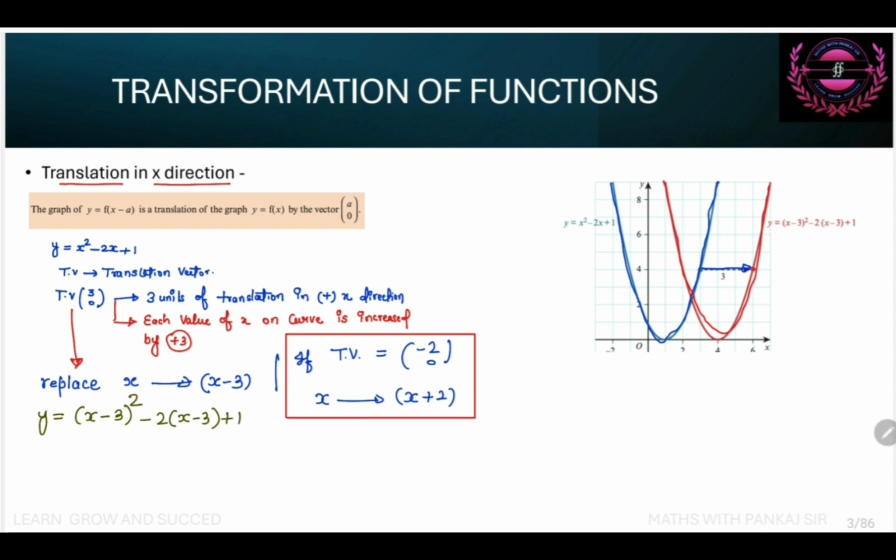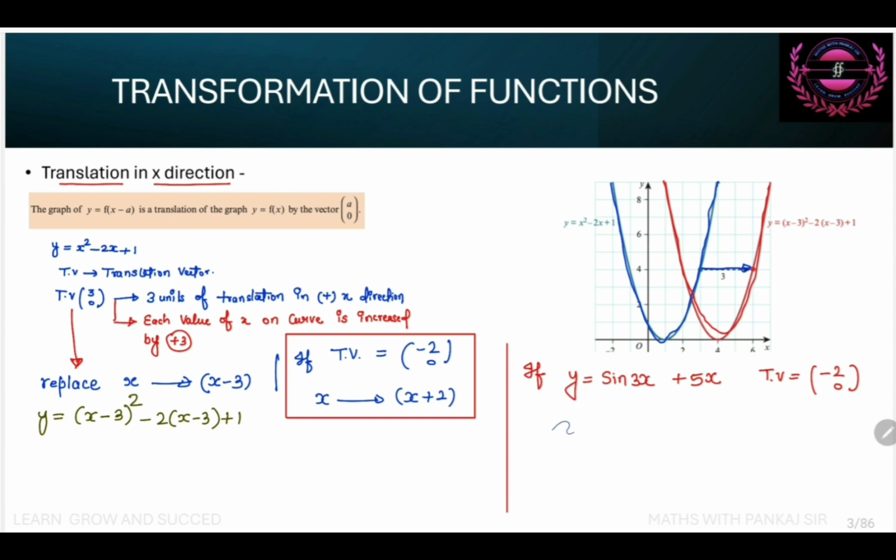Let's understand this with another example. Let's say I have a function y equals sin 3x plus 5x, and the translation vector is again (-2, 0).